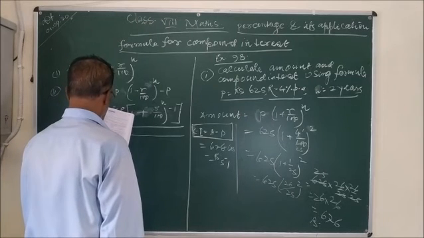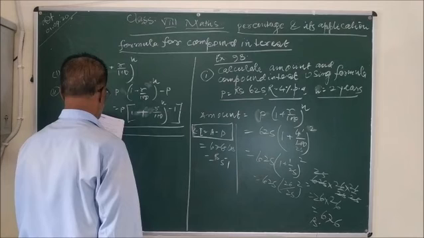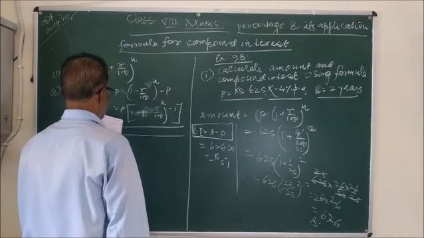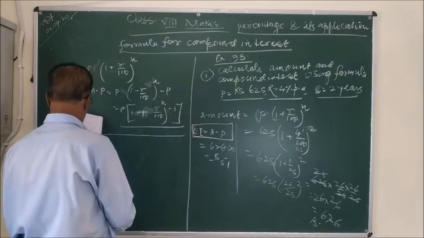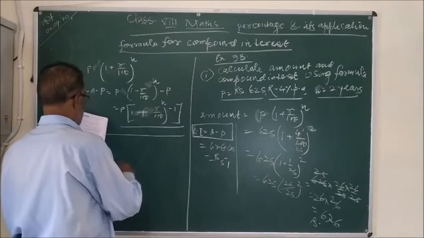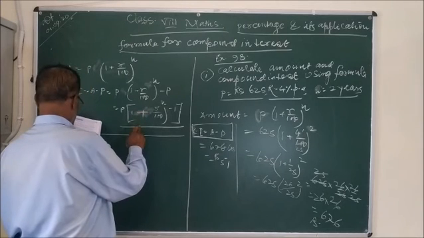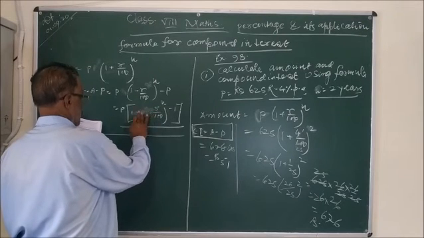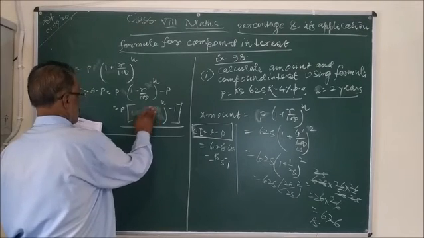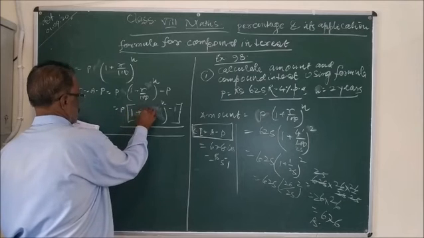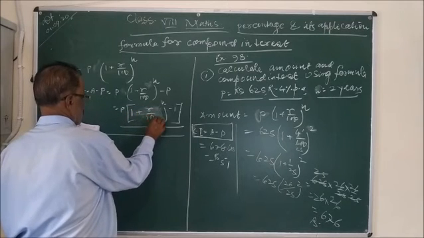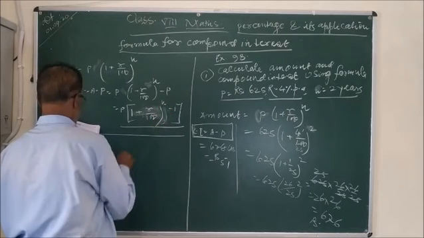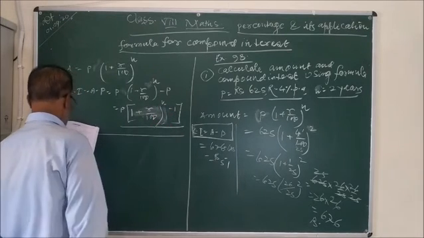So in this way you can make it: taking P common, this will be 1 plus R by 100 power n minus 1.